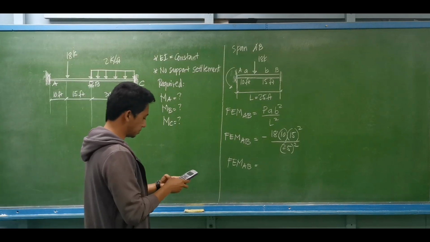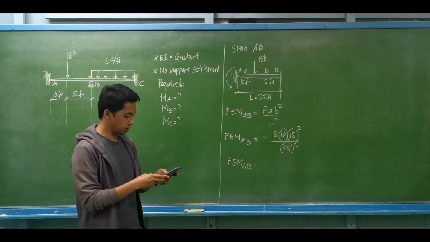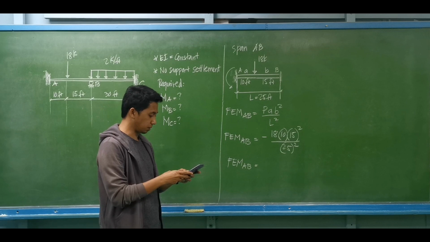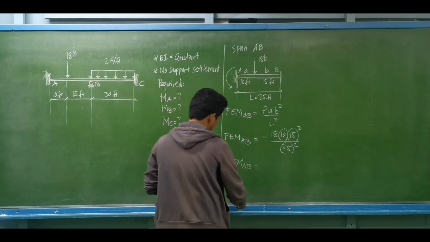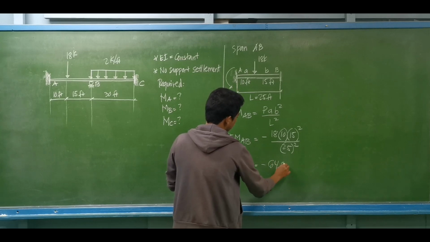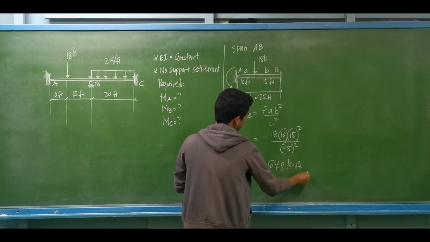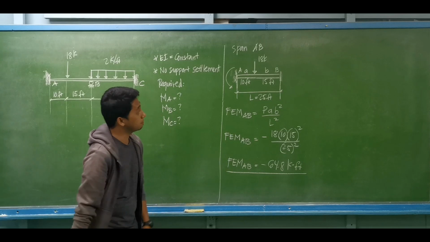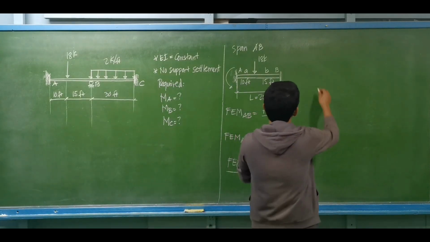That is 18 times 10 times 15 squared divided by 25 squared. So we'll be having a value of negative 64.8 kips-foot. And it's the fixed end moment for member AB or span AB.